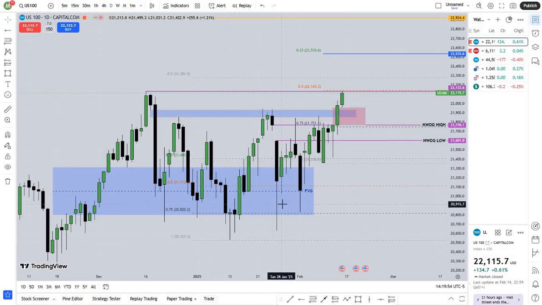This is the range that we're dealing with. This is where price retraced into and then started seeking higher prices. So for targeting, I can use this, and you can see I'm also looking at this level, that is 22,284.5. This is also a target.